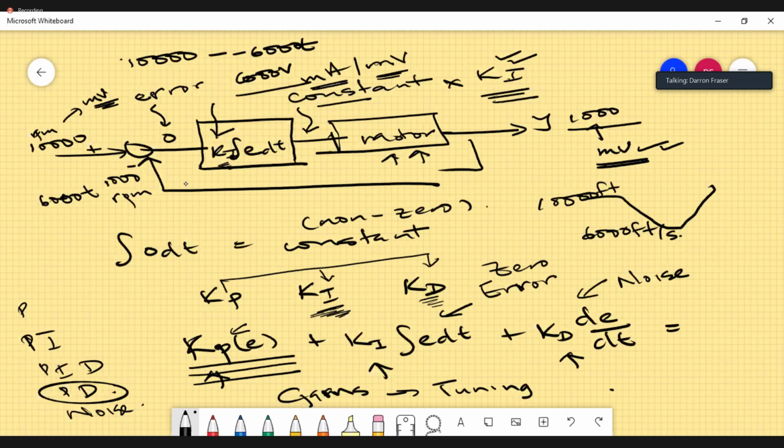So that's what the gains in front do. So when this is 6,000, this would have to be like 0.3 or 0.03 times the 6,000 to get a workable or usable value. You understand? So these are the modifiers, the ones that tell whatever the error is to calm down.